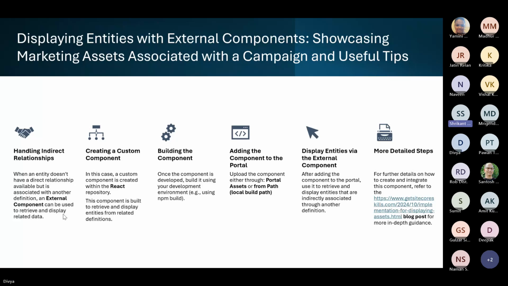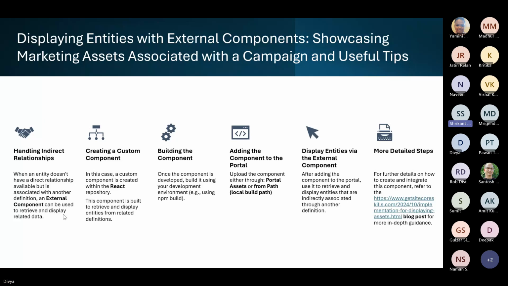To achieve this, we need to create an external component, which is nothing but a React component. Then we need to build that component, and then we have to add it wherever required. As Divya showed, on the marketing campaign page, we have added the creation component and search component. Similarly, we have to add this custom component.